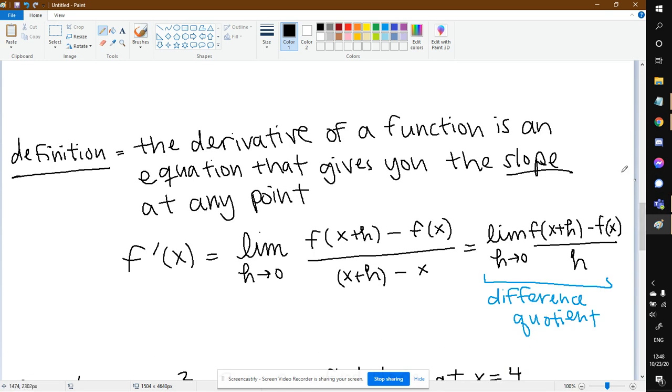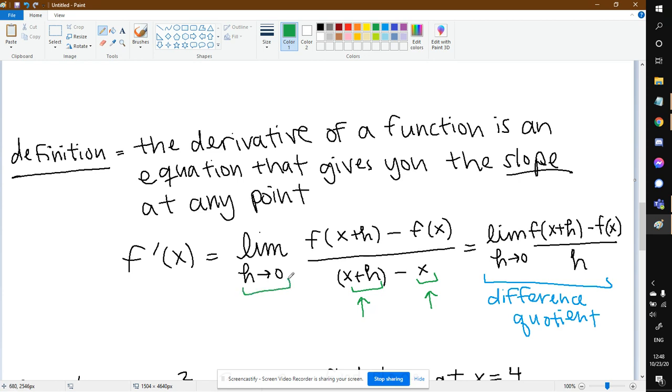The derivative of a function is an equation that gives you the slope at any point, and the derivative at a single point is the slope at that single point. The way we find the derivative is we basically do the slope equation, right? We do the slope equation where we're plugging in x plus h and x, aka something and something very close to it.